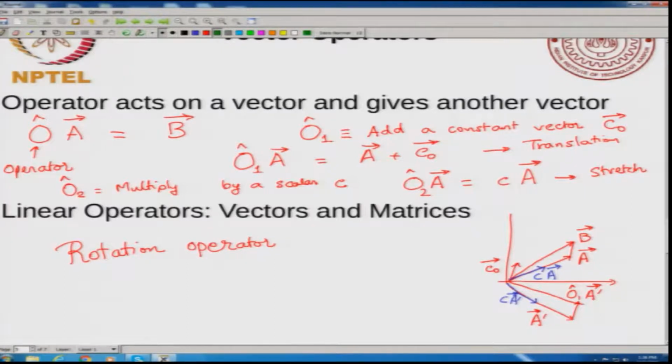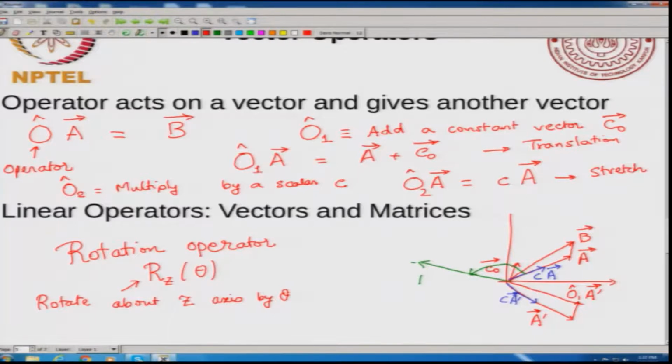It takes A and rotates it by some angle theta, about some axis, let us say around the z axis by theta.